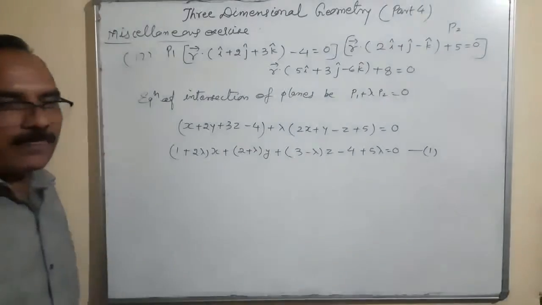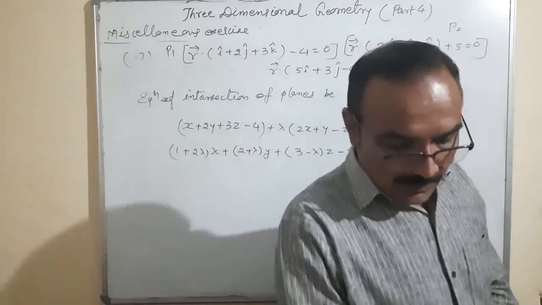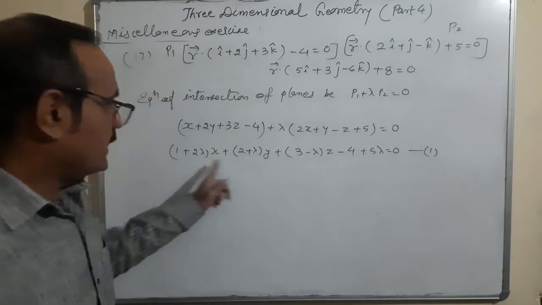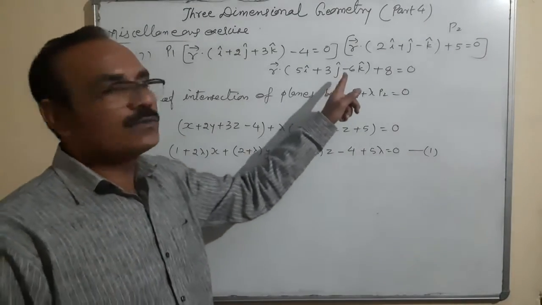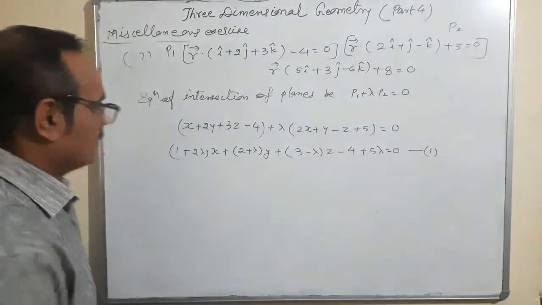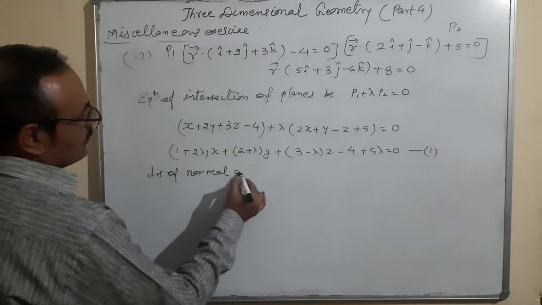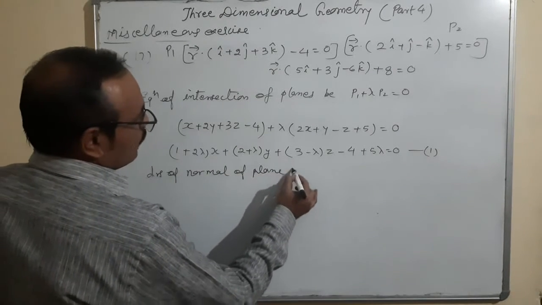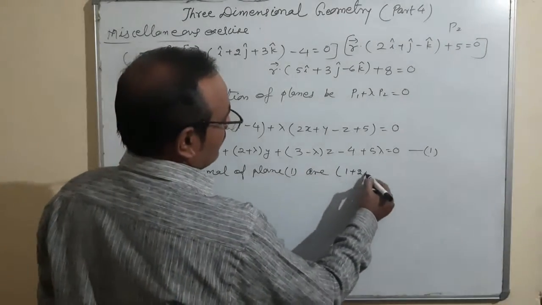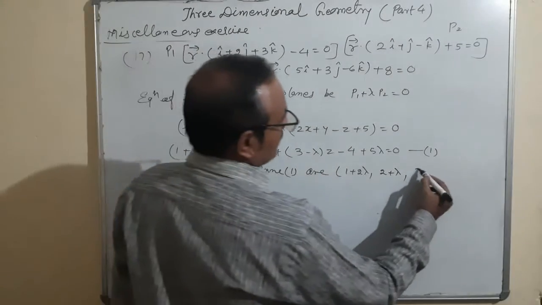Is it okay? This is the equation of the plane through the intersection of two planes, and it is perpendicular to the plane. This is a plane which is perpendicular to this plane. So that means the direction ratios of the normal of plane 1 are 1 plus 2 lambda, 2 plus lambda, and 3 minus lambda.